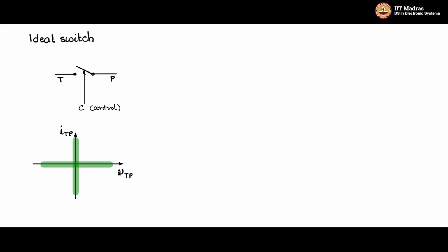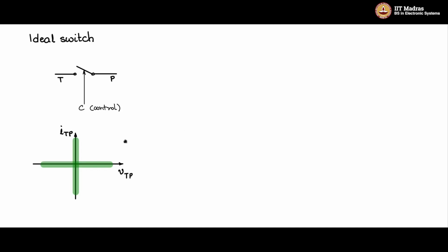This would be the static characteristic of an ideal switch, with the I axis covering both the positive and the negative currents, and the V axis covering both the positive and the negative voltages.